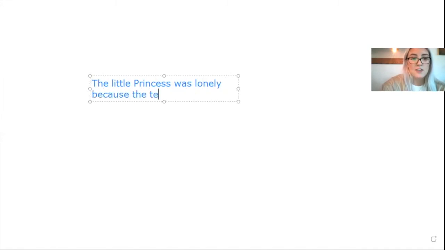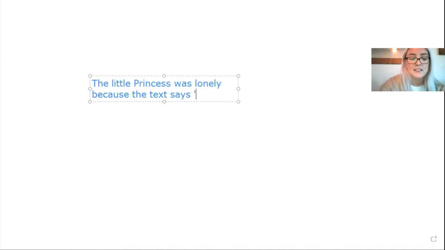I could say, the little princess was lonely because the text says, now this is where we're going to put the quote in to show our evidence. So I'm going to put my quotation mark that I've got from the text.